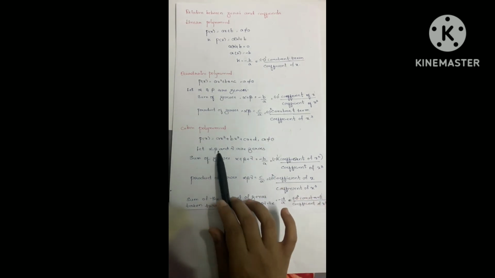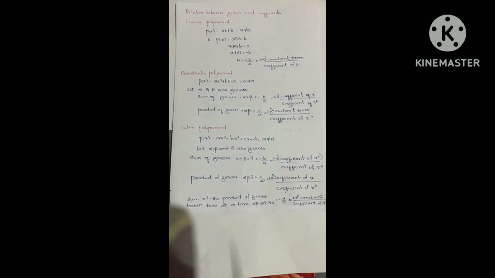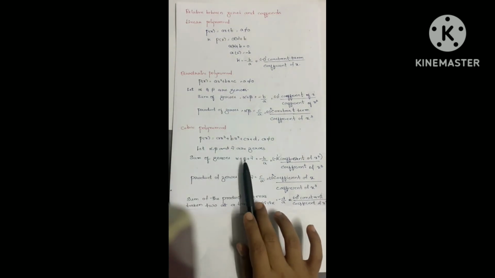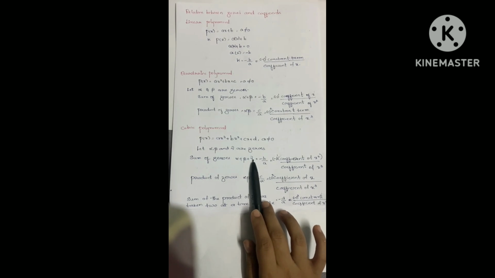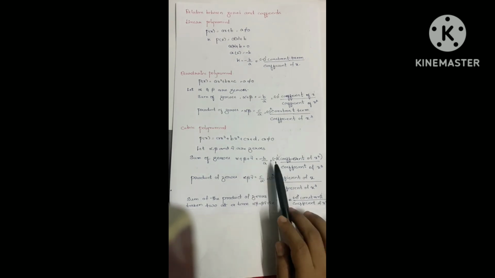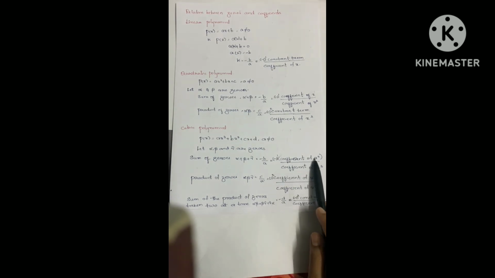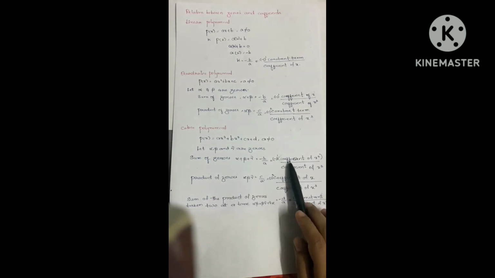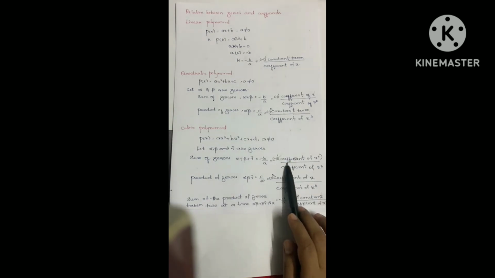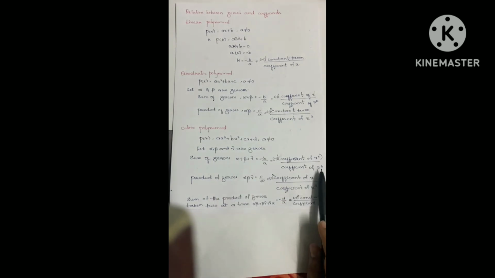Here let alpha, beta and gamma be the zeros of the polynomial. Then the sum of zeros, alpha plus beta plus gamma, is equal to minus b by a, which is equal to minus 1 to the power of 1 into the coefficient of x square, where b is the coefficient of x square, divided by a, the coefficient of x cube.